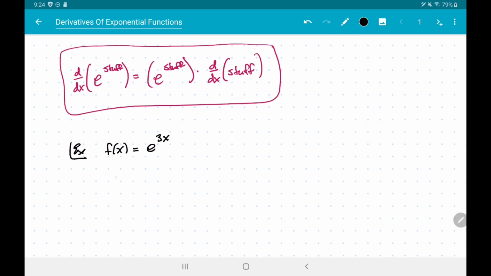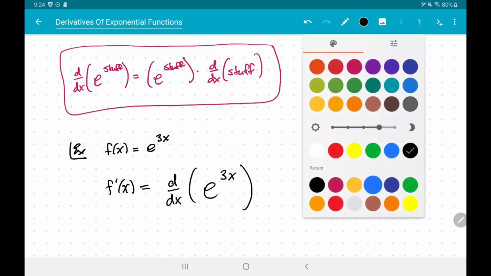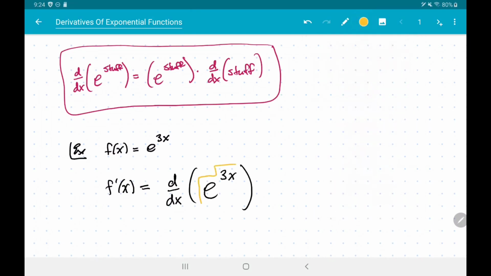So there's f of x equals e to the 3x. f prime of x, I'll begin by just writing that it's the derivative with respect to x of its formula. I'm writing it nice and big because I want to make it clear we're looking at the derivative of e to a power.